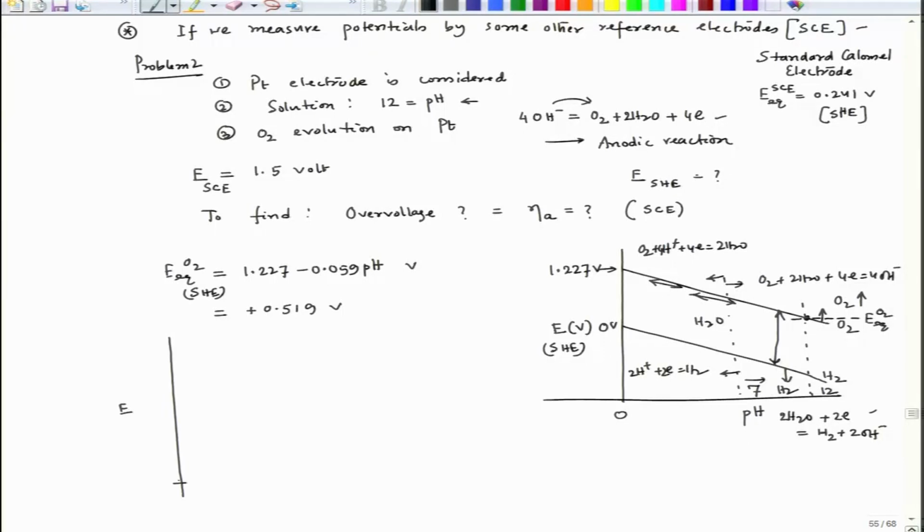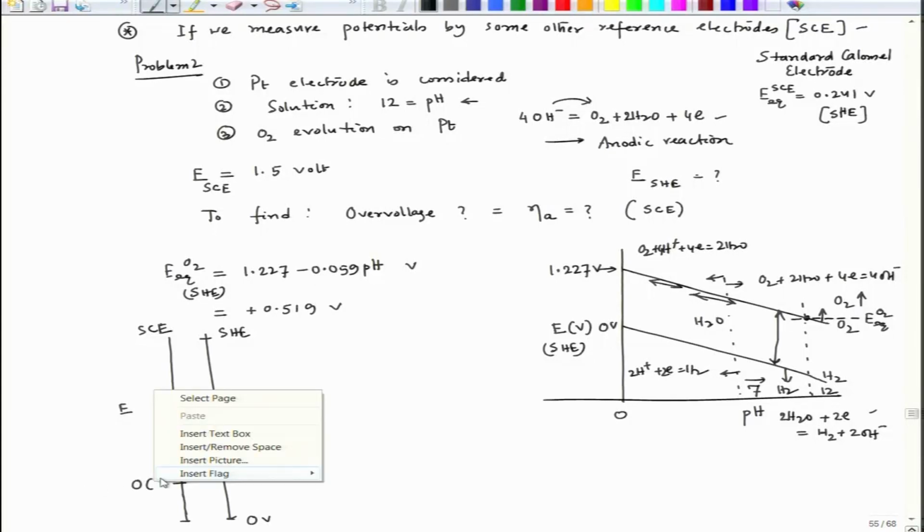The standard calomel electrode has a potential of 0.241 volt with reference to the hydrogen electrode. Let us say this side is the hydrogen electrode and this is the standard calomel electrode. The hydrogen electrode potential is 0 volt, and here it is 0.241 volt.